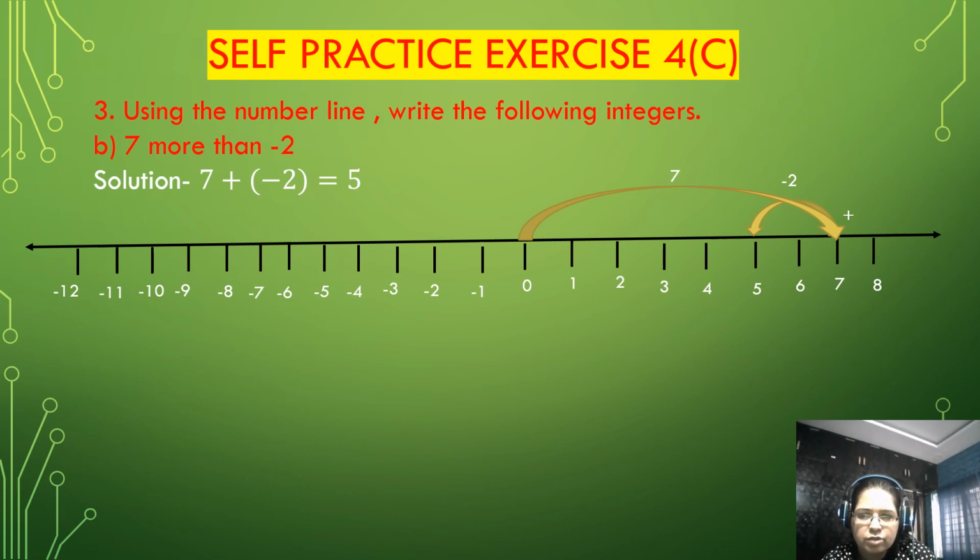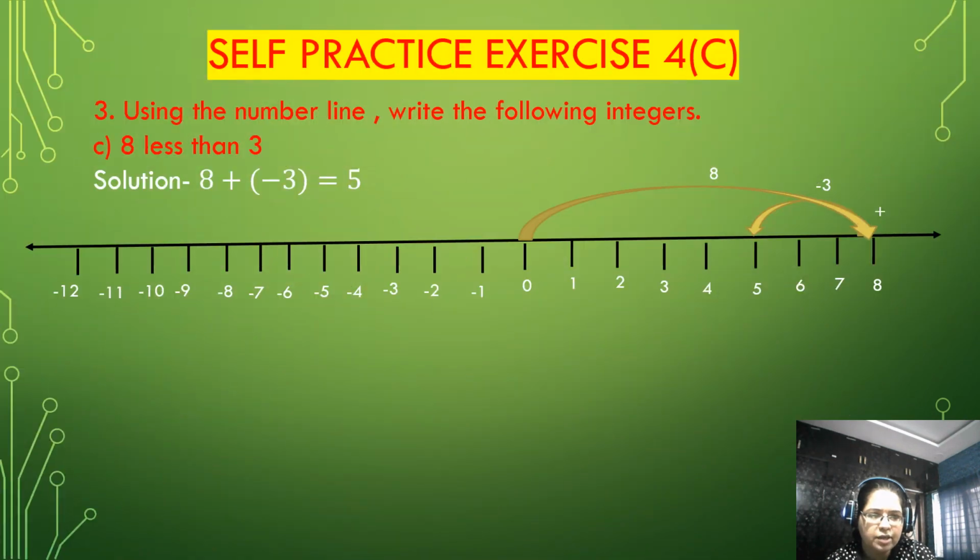Starting from 7, the number goes to the left hand side with 2 places. 7 to 6 is 1 place, 6 to 5 is 2 places. So the number is now at 5. So 7 plus minus 2 equal to 5. 7 more than minus 2 will be 7 plus minus 2 equal to 5.